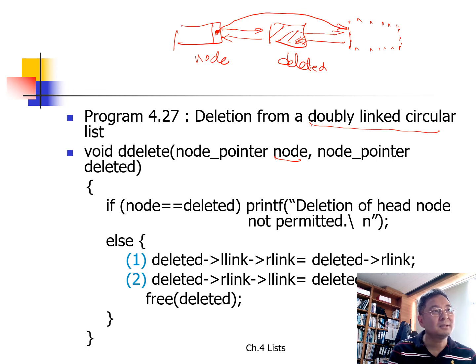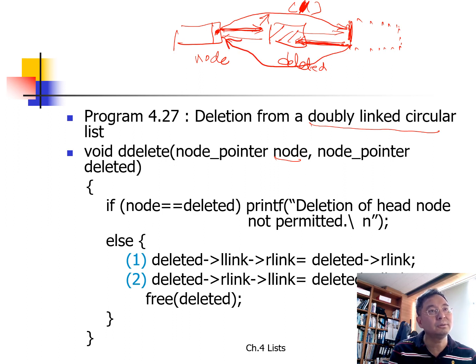Okay, this one becomes deleted R-link, this one. This is the first one. And what is this field? Okay, so this field are changed to this one. And how about this one? This one becomes this one.